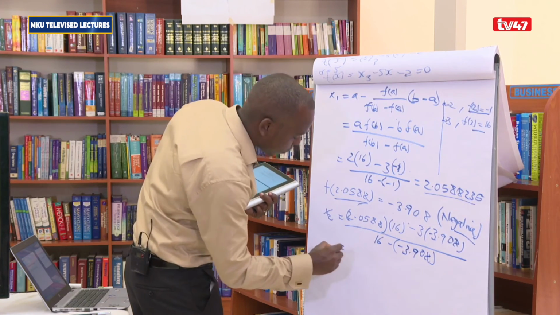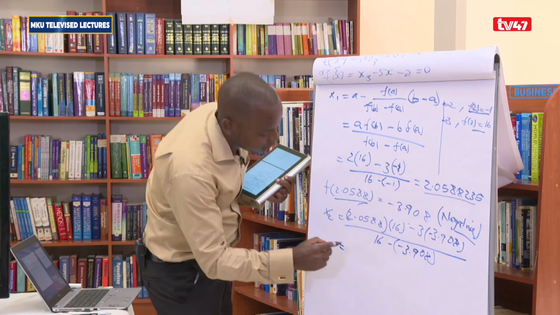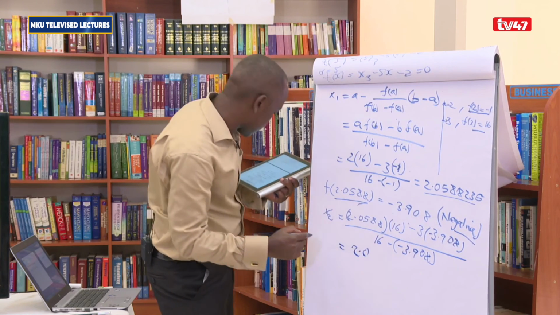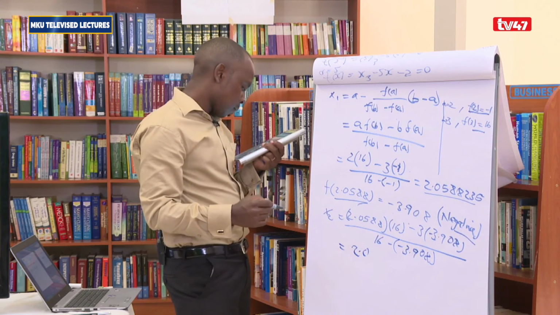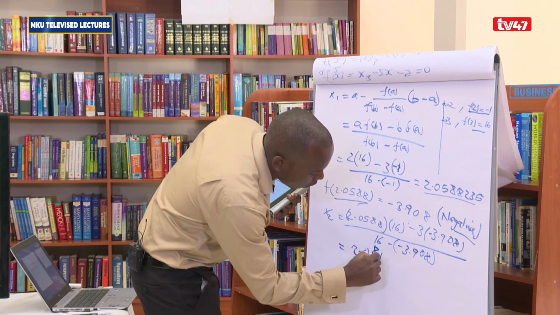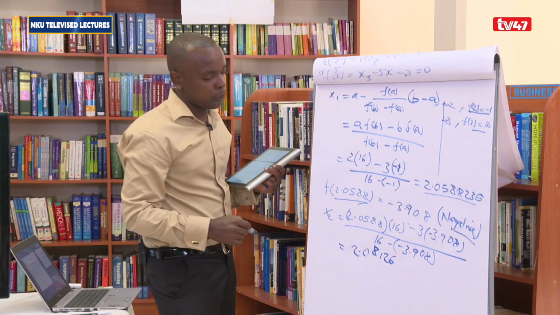So our x2, our second approximation, will be 2.08126.